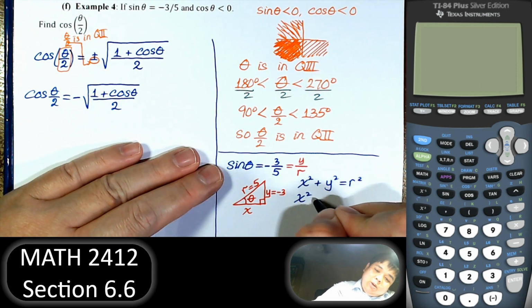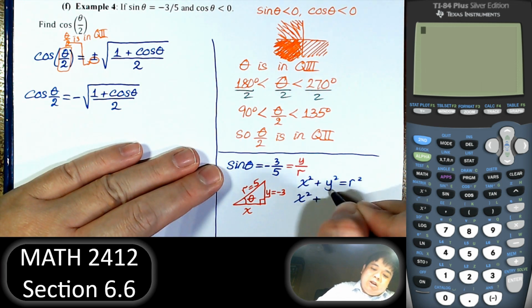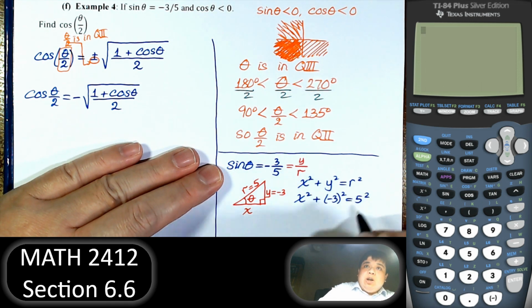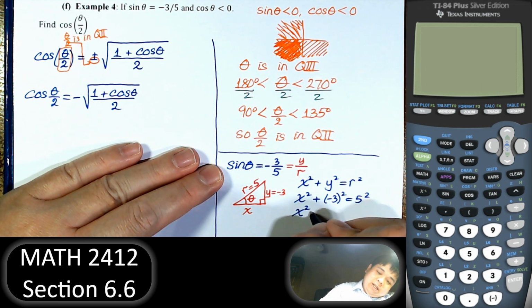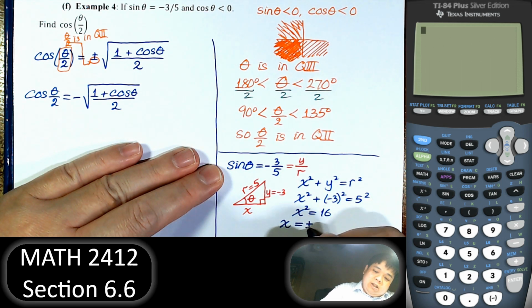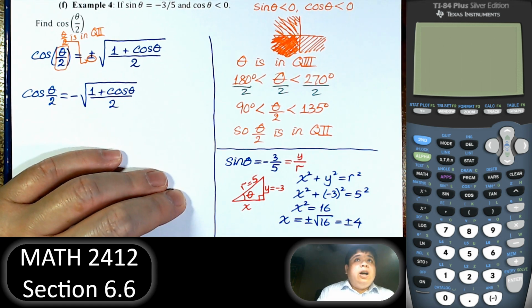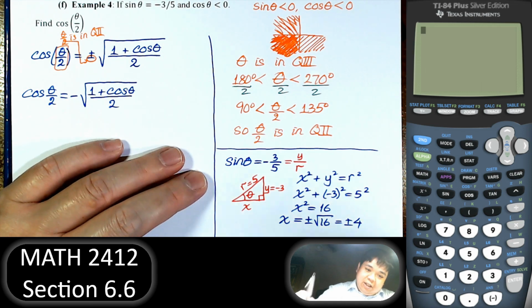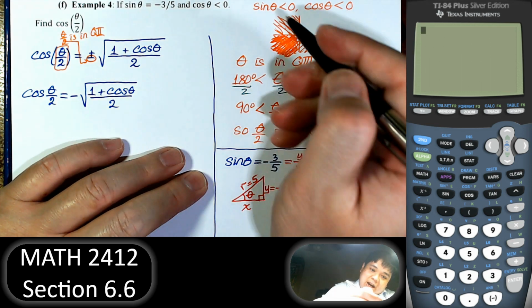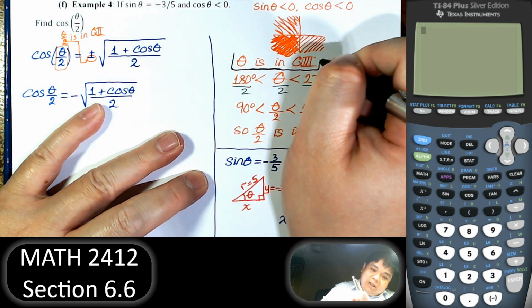So x squared plus negative 3 squared equal to 5 squared. So x squared is equal to 16. So x equal to plus or minus square root of 16, or plus or minus 4. However, we do know that theta is in quadrant 3, right?